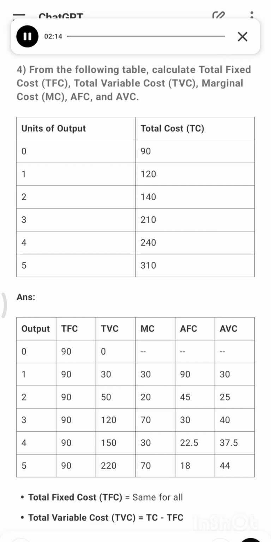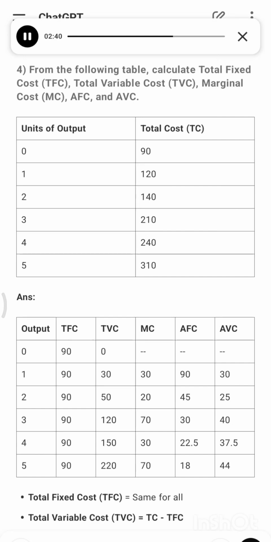Then output, TFC, TVC, MC, AFC, AVC are tabulated, with TFC constant at 90.